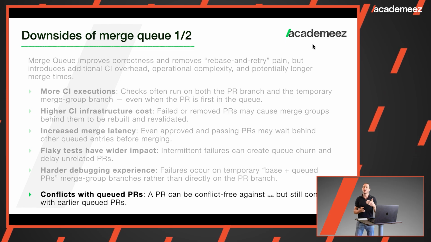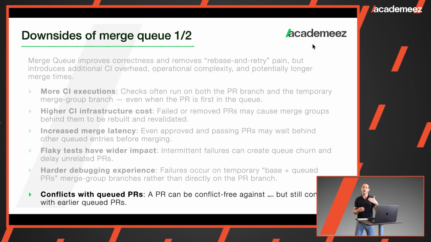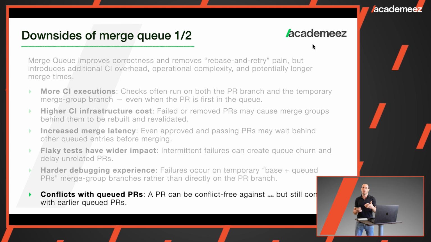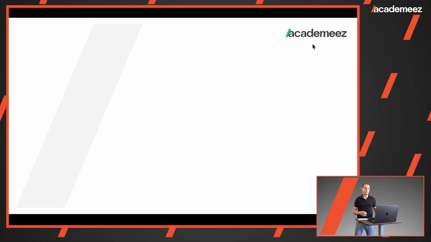Conflict with queued PRs, we talked about that. Now you need to worry not only about conflicts with main, which is what we needed to worry about before introducing the merge queue. Now you can also have conflicts with pull requests that are ahead of you in the queue. We talked about what you can do in that kind of scenario, but sometimes your pull request is passing, going to the merge queue, and then failing because of conflicts.